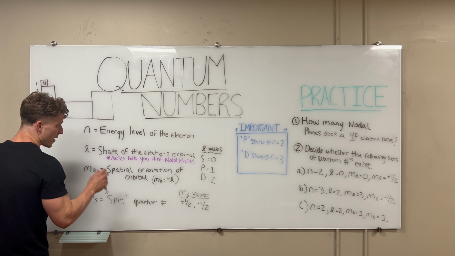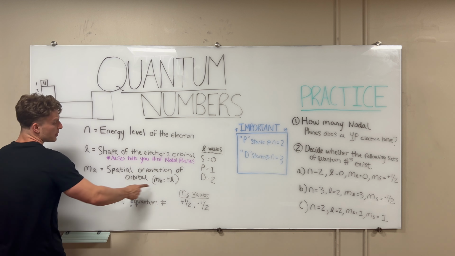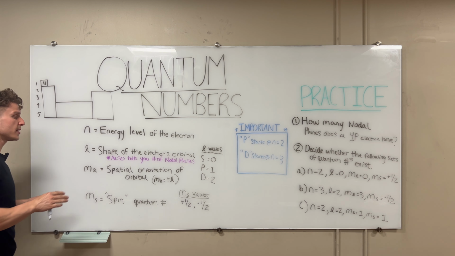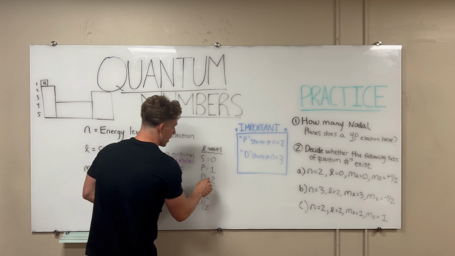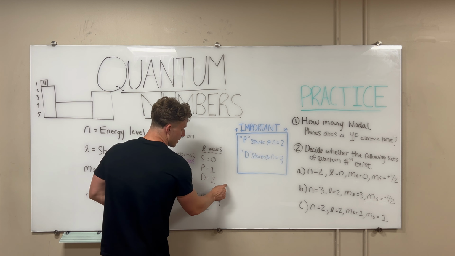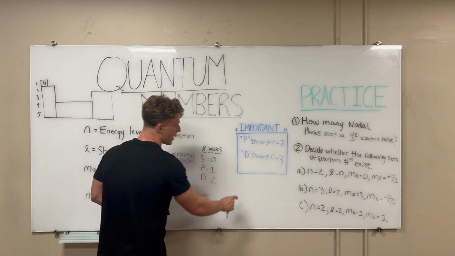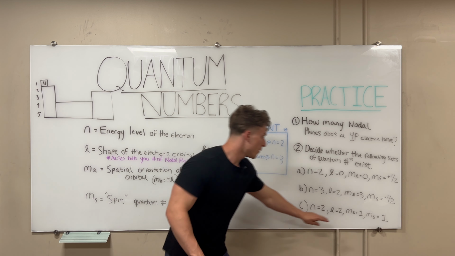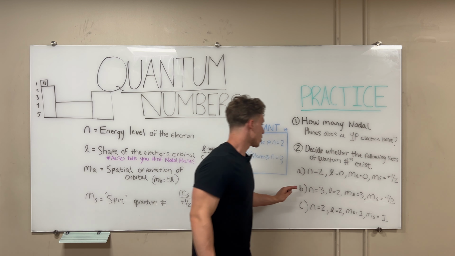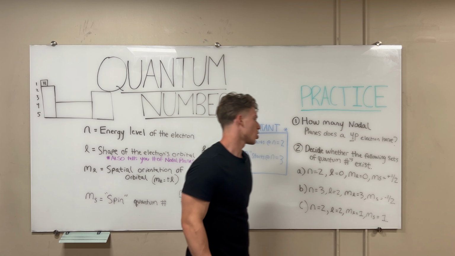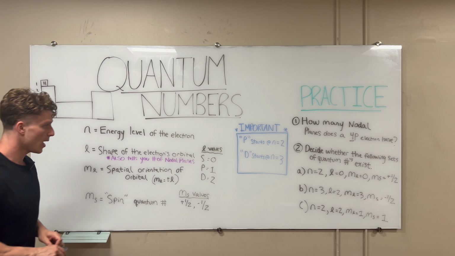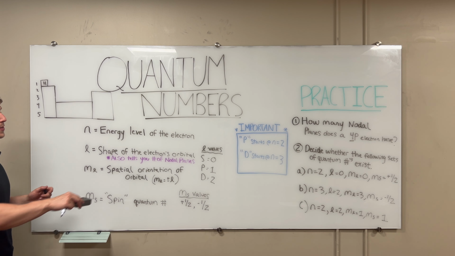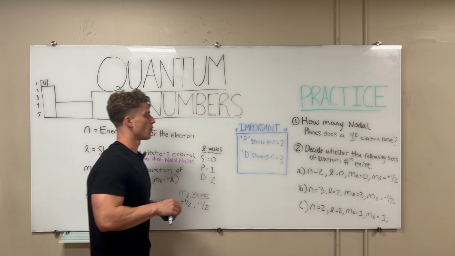Now, if our L is 2, our m sub L values can only be from positive L to minus L, right? So we can only have 2, 1, 0, negative 1, negative 2. Now 3 falls outside of that range, so this set of quantum numbers is not going to be true.